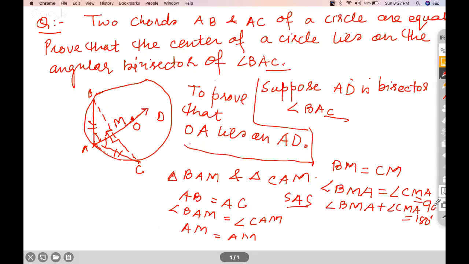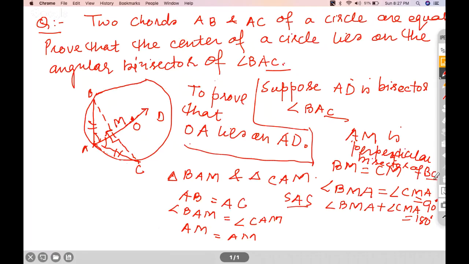Hence they both would be equal to 90 degrees. It says that AM is the perpendicular bisector of BC.